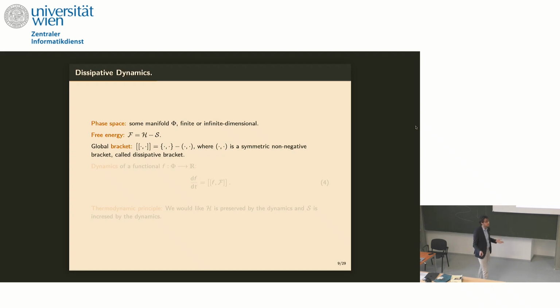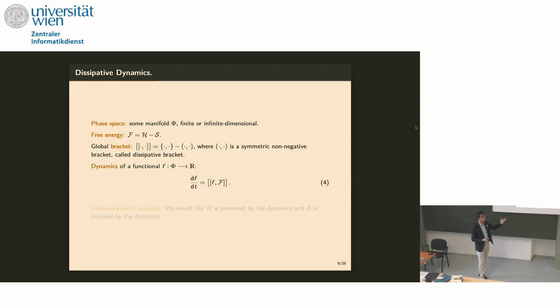And then we want to describe the dynamics of a functional, so the dynamics of an observable. We want to do something very similar to previously. For this, we can just say that for any function f, its time evolution, its dynamics, will just be given by the bracket taken between itself and this new functional, the new free energy.